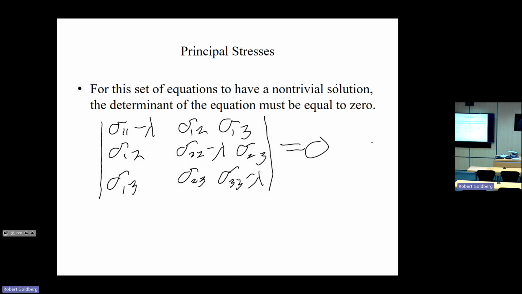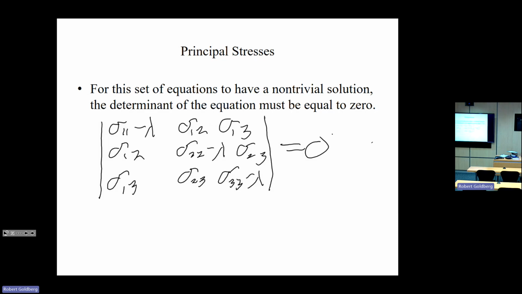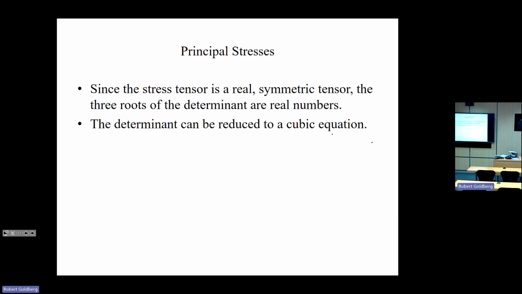It's a 3 by 3 matrix, which means the stress tensor is always real and it's symmetric.